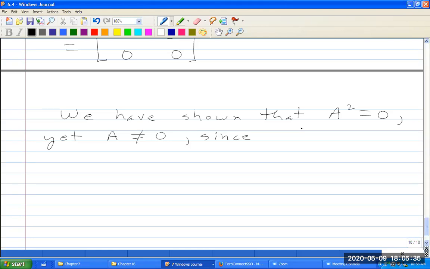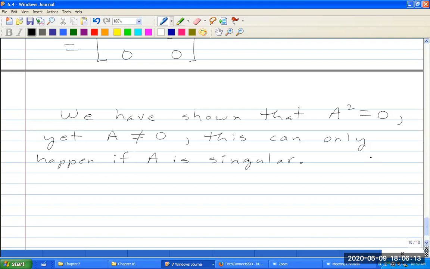Well, this can only happen if A were singular, meaning that it doesn't have an inverse.